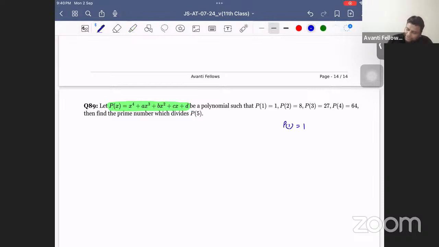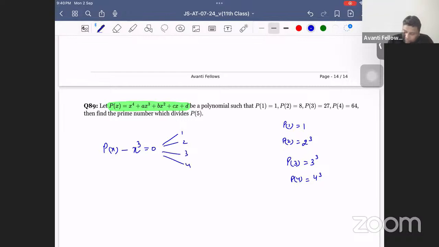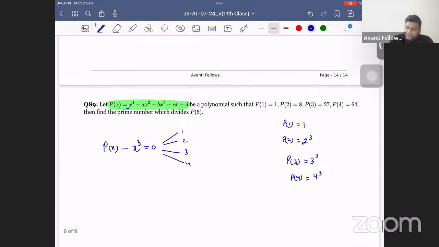Means P(1) is 1, P(2) is 2 cube, P(3) is 3 cube, and P(4) is 4 cube. If it is so, can I assume P(x) minus x cube equals to 0 is a 4 degree equation having roots as 1, 2, 3, and 4 with coefficient of highest degree is 1.